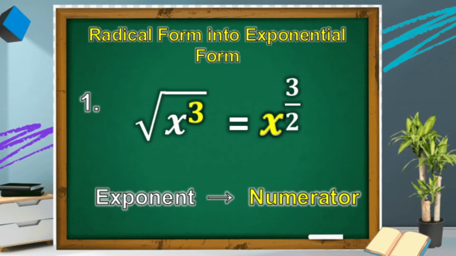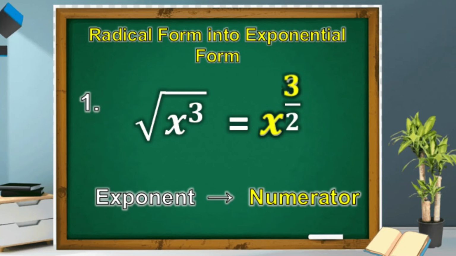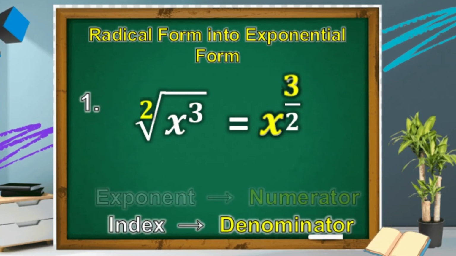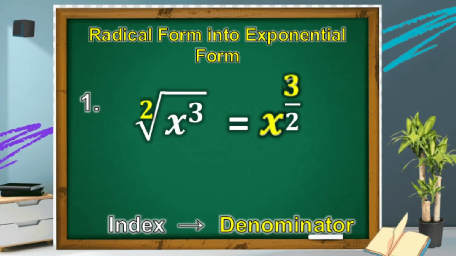And then, si exponent na 3, siya yung magiging numerator sa exponent sa exponential form. And then, si index 2, since ang ating given ay square root, so meron siyang index na 2, siya yung magiging denominator sa exponent ng exponential form.